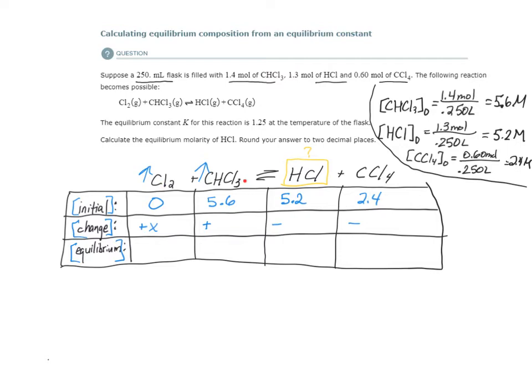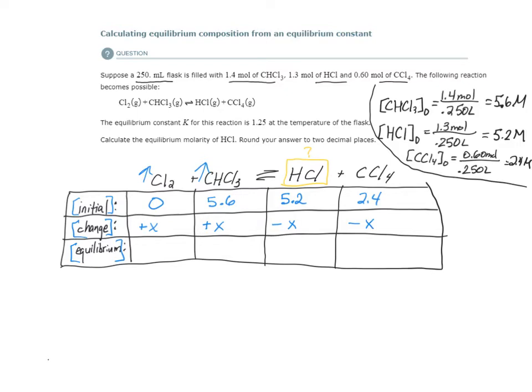But if the coefficients were not 1, we'd have to make sure that those coefficients were carried down here. So if this coefficient were 2 perhaps, we'd have to put plus 2x. But because it is 1, this is simply going to be plus x. Here we also have minus x, and here we have minus x.